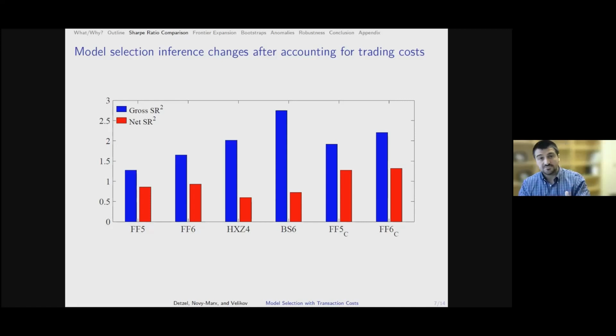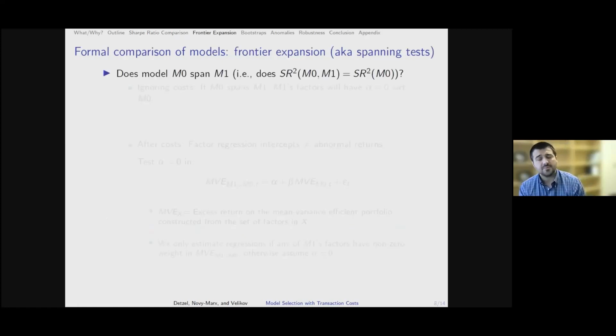So this is the main result summarized in a nice picture, but I haven't really shown you any statistics or any formal tests. We do a couple of things in the paper, and I'll focus on the first one in the interest of time, which we call frontier expansion tests. These are akin to a spanning test that probably most people are familiar with, where you would regress the returns of some test asset on the factors of a model.